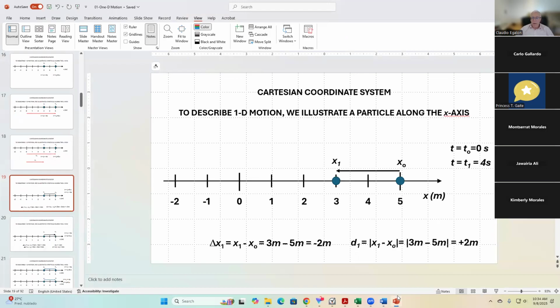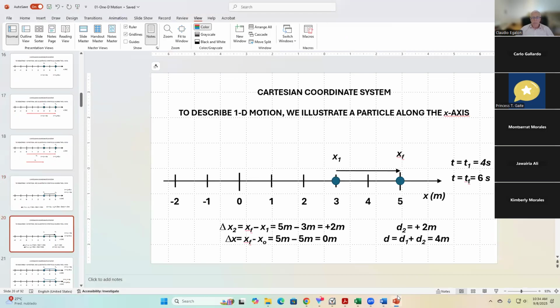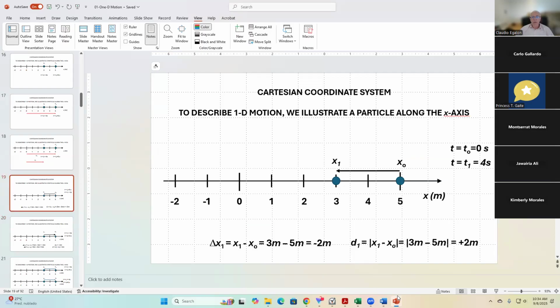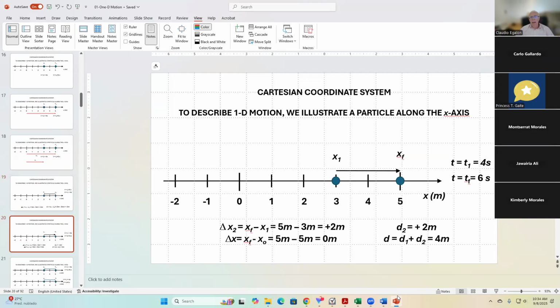Let's see if we have something else here. Now, this is just another example, a different example than the previous one. The particle is moving back to its original position, right? Initially, it was at x naught equal to 5 meters. It moved to x1 equal to 3 meters, and then moved back to x final equal to 5 meters.